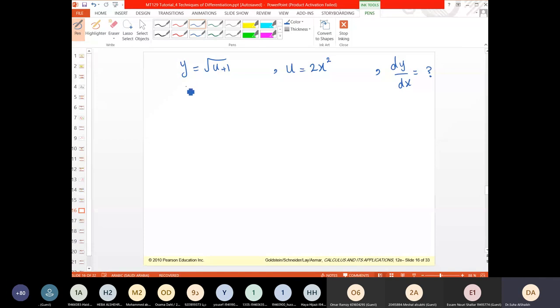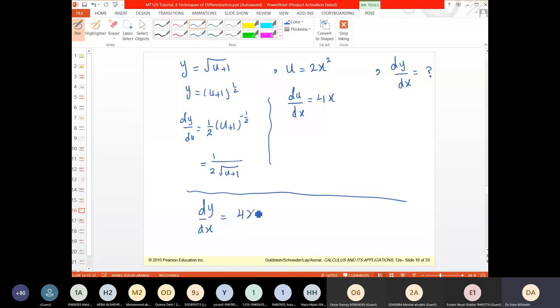So y هنا is equal to u plus 1 to the power half. So the derivative of y with respect to u لأنها function بالu. فأنا أشتقها بالنسبة للu. It is half of u plus 1 to the power minus half. It's equal to 1 over 2 for root of u plus 1. And du by dx, لأن الu is a function في x. It's equal to 4x. So if I want dy by dx, it's the multiplication of this and this.